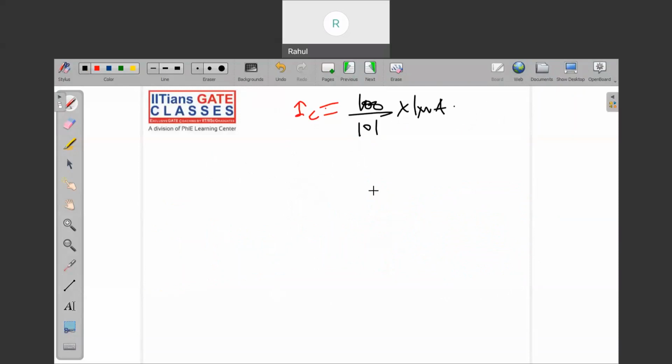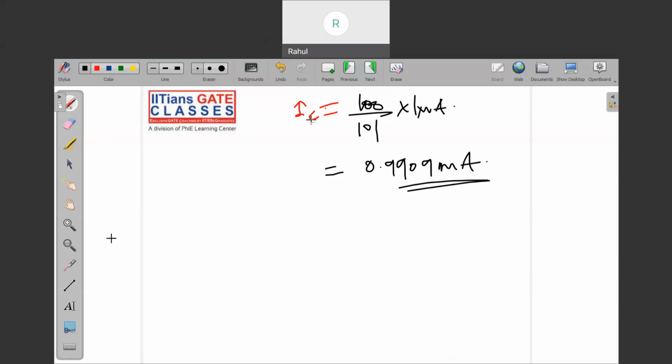So from here, your IC will be equal to 0.9909. You can see here it is very close to IE, right? Now what you can compute in this circuit is this.